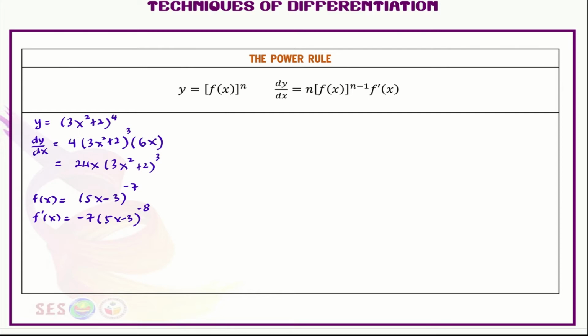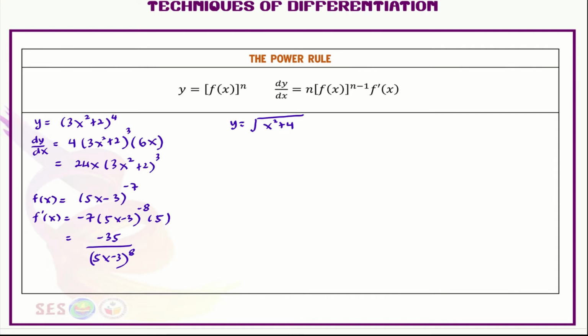Differentiating 5x minus 3 gives you 5 only. Eventually the final answer should be negative 35 over (5x minus 3) to the power of positive 8.